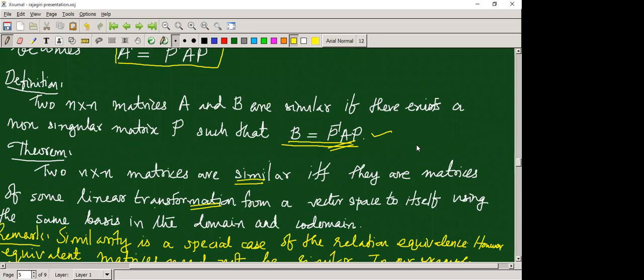So you have two matrices A and B. They are square matrices, n by n.